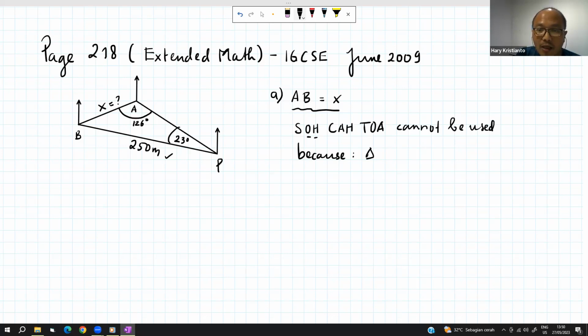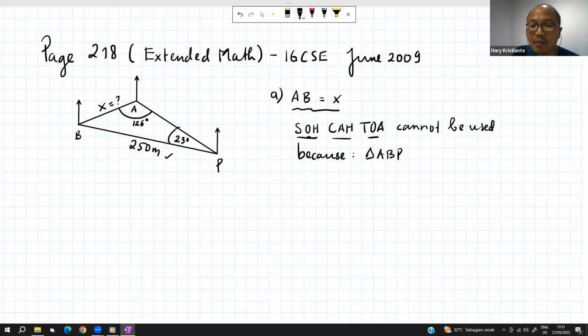Remember very carefully. SOH CAH TOA, in the simplest definition, not yet the extended definitions, which your class is just doing, requires ABP to be a 90-degree right angle triangle.